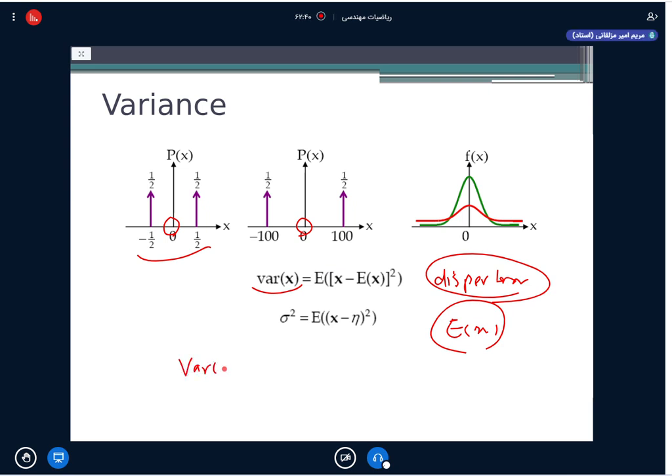Also, we use this notation for variance of x, because variance is positive. Variance of a random variable is positive. Expectation of x, or mean of x, may be positive or negative, but variance is always positive. So we use this notation for variance, and here sigma is called the standard deviation.